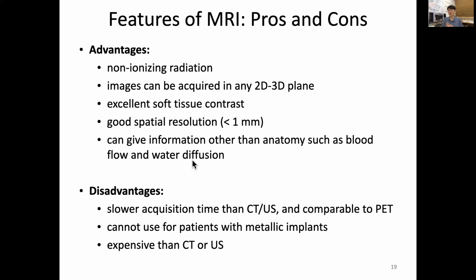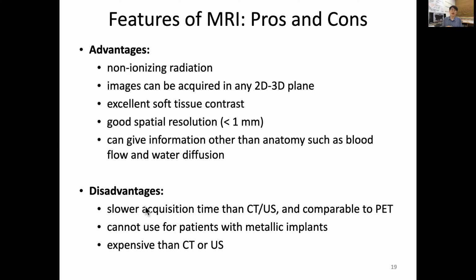neural connectivity as well. On the other hand, MRI takes longer, so it's a slower acquisition compared to CT or ultrasound. PET is also kind of slow, so it's comparable to PET.